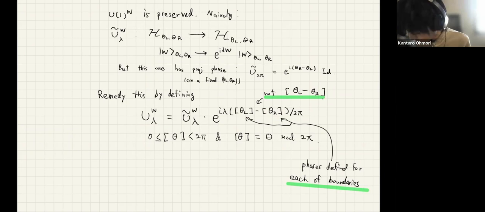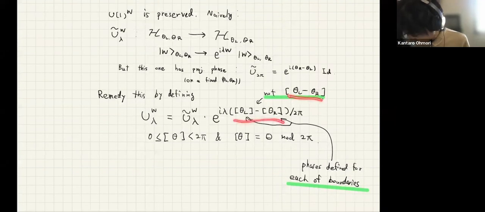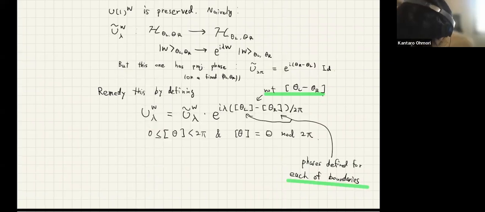If you want to do it for the difference, then you have to know what theta R is. So choosing this is important. We stick something to something that is defined for each of the boundaries, not to the pair of the boundaries. Okay, so then this one is good.